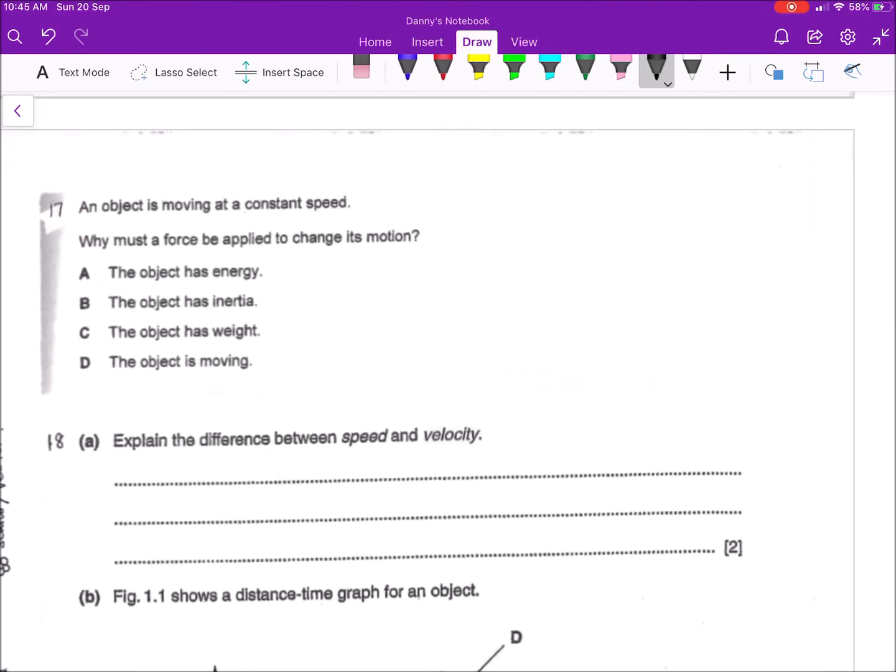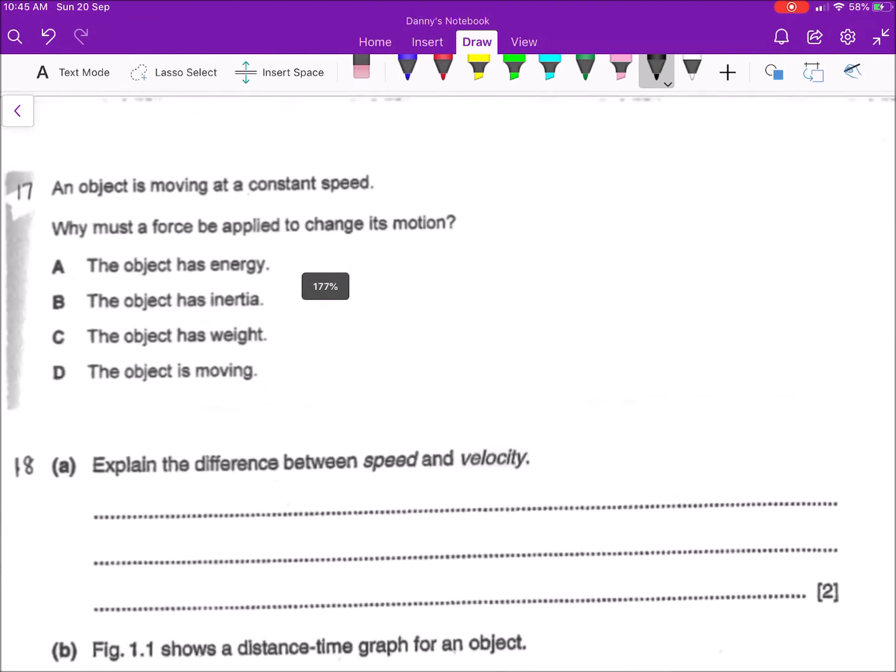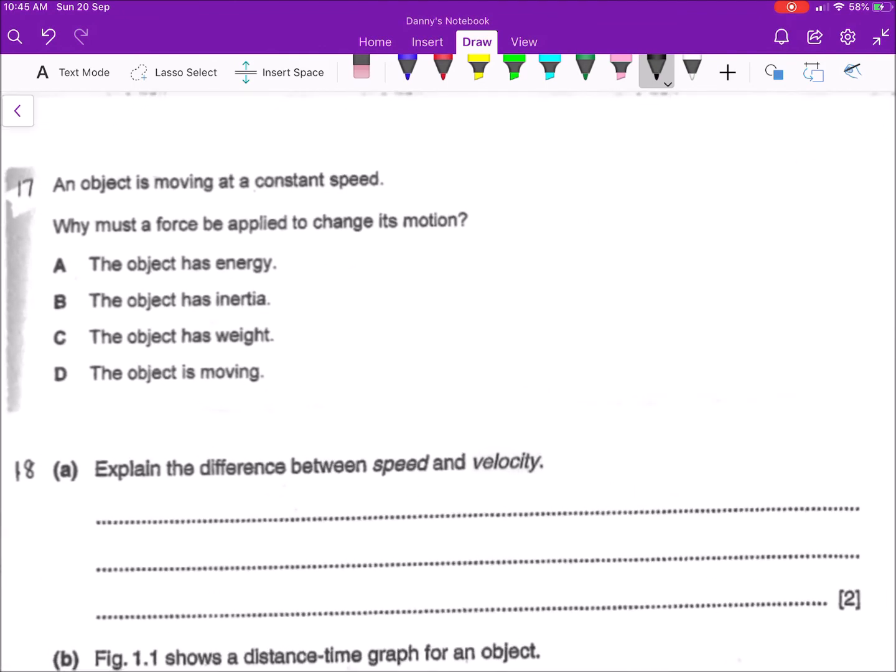Okay, next MCQ on the next page. It is about understanding of motion. So here it says that the object is undergoing constant speed. Constant speed means that your acceleration is 0. And now they are asking you, why must a force be applied to change its motion?